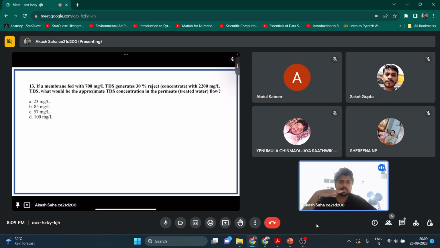Flow is coming in, 30% is going as reject, so the rest 70% will go to permeate. You have to find the concentration of the permeate. It's a one-line problem. Just solve it and tell me. You can simply do a mass balance.